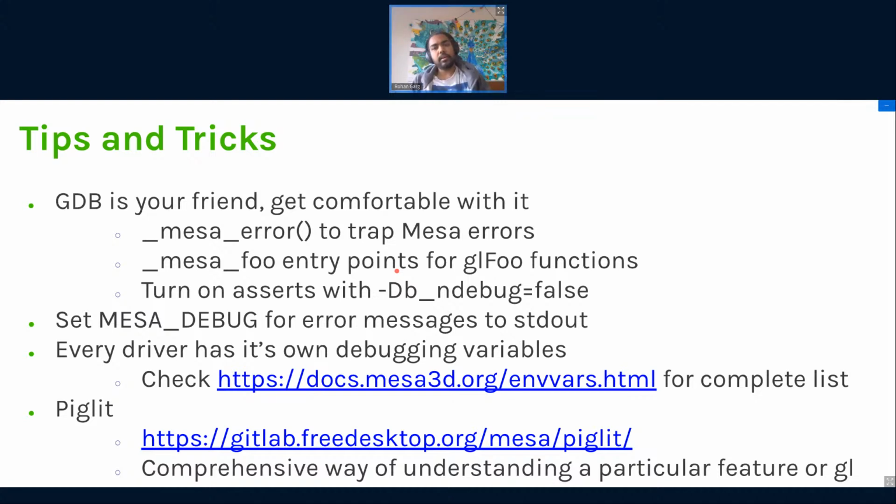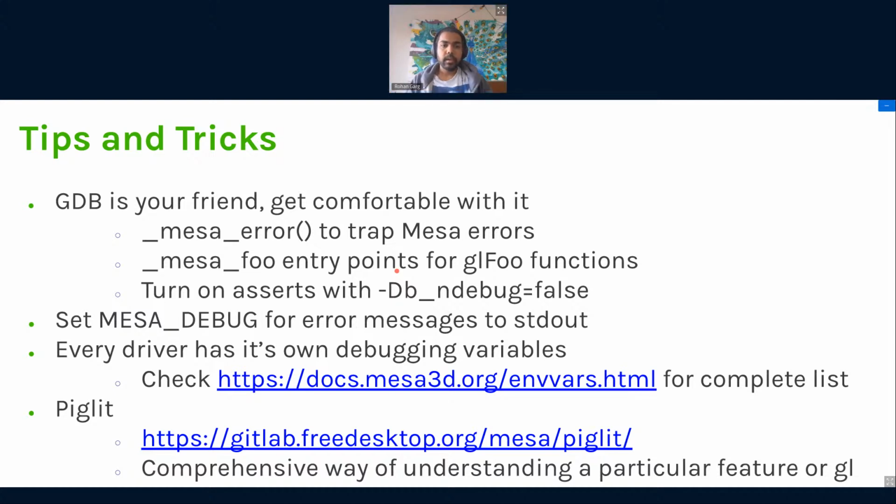While you're debugging, enabling asserts is also a great way to ensure that all the conditions are being met and satisfied in the code. You can also set the Mesa debug environment variable, and every single driver has its own environment variable for debugging as well. I would recommend that you go to the link mentioned in the slides for a complete list.